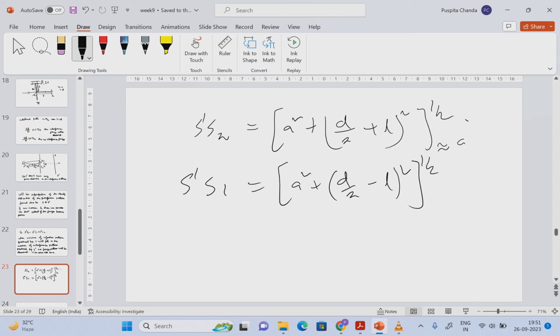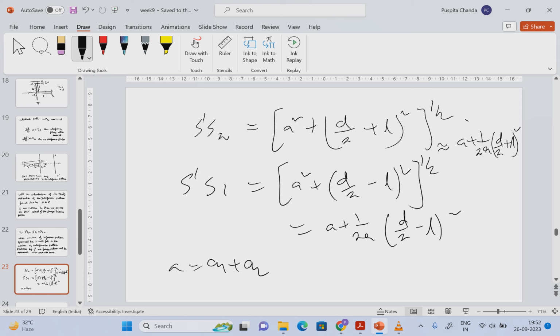This is approximately A plus 1 by 2A times D by 2 plus L whole square, and this is A plus 1 by 2A times D by 2 minus L whole square.